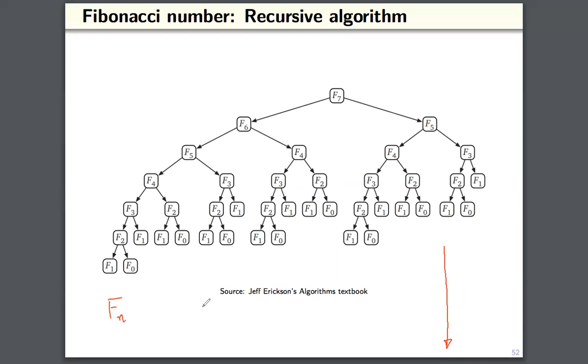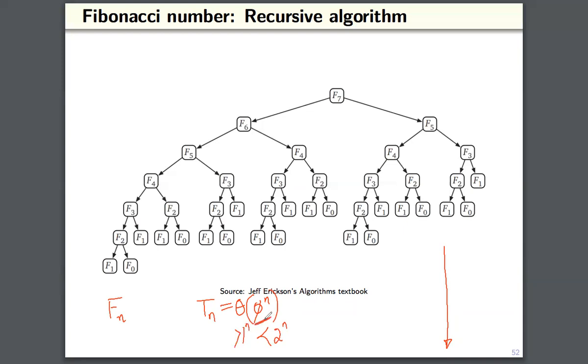The time complexity to compute a Fibonacci number is theta of phi power n. This is exponential, approximately 1.6 power n. This is less than 2 power n, but greater than 1 power n.